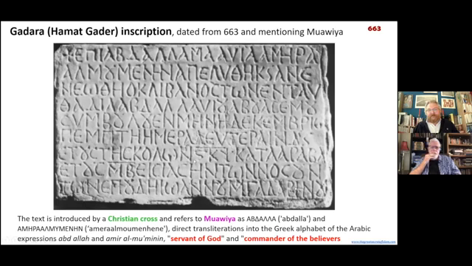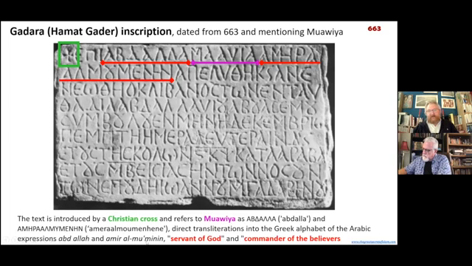Let's get here to an inscription, not a coin, a very interesting inscription, which is dated from 663 and mentions Muawiyah. The text is introduced by a Christian cross, which is something to consider. And Muawiyah is described as Abdallah in Greek, and Amir al-Muminin.